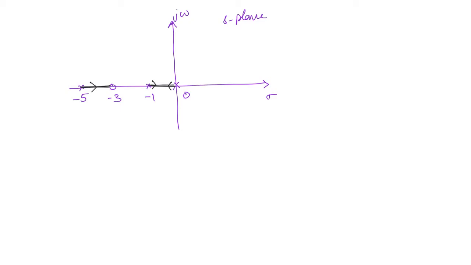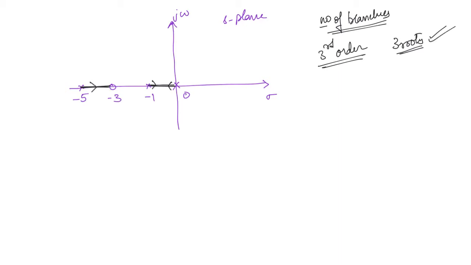Now one question that you might get here is, what will be the number of branches? We know that this is a third order characteristic equation. How many roots will there be for a third order polynomial? There will be 3 roots. For each value of k, we will get 3 different roots.